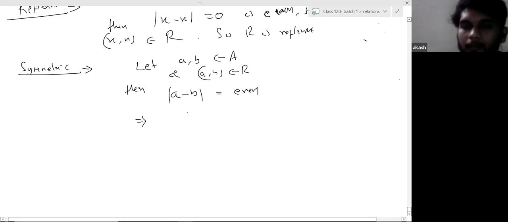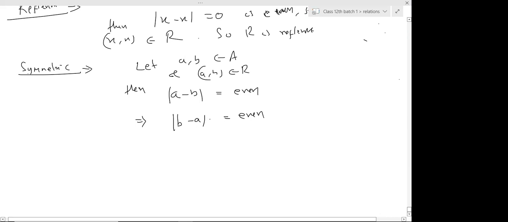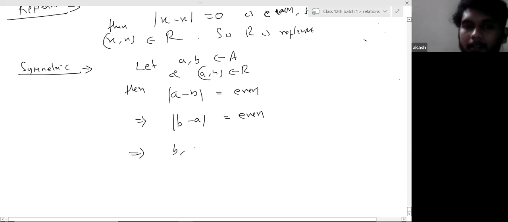This implies that, in the modulus function, we can reverse the order and it doesn't matter. We can reverse the order and this will still be the same number. This is clear to everyone? Yes, sir. So this is also even. So (b, a) also belongs to R. So R is symmetric.